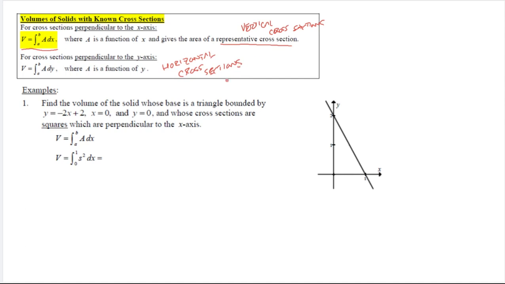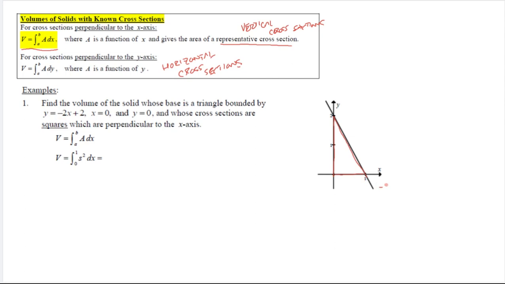Okay, so let's take a look at this first problem here. We've got an example where we're trying to find the volume of a solid whose base is a triangle. Here's our triangle, bounded by three equations. The first one is this line, y equals negative 2x plus 2.